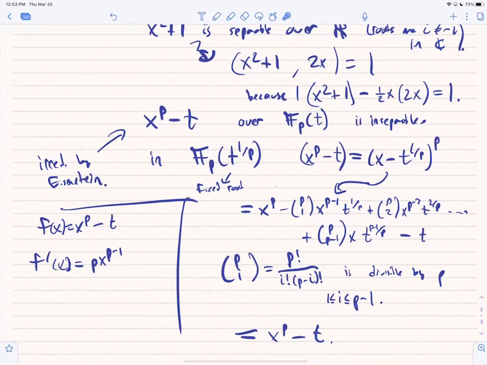And so I'll highlight this. This is the constant term. So the derivative of this part is 0, and you just get the derivative of this first part. But the derivative of this first part is 0 because p is equal to 0 in this field.